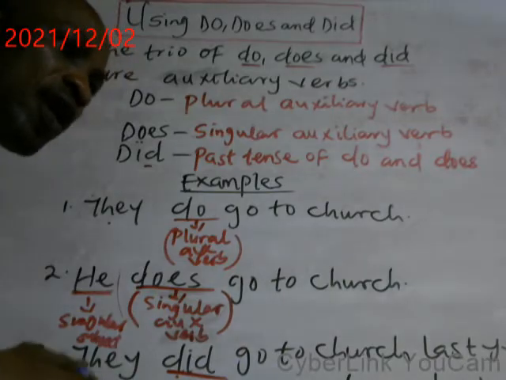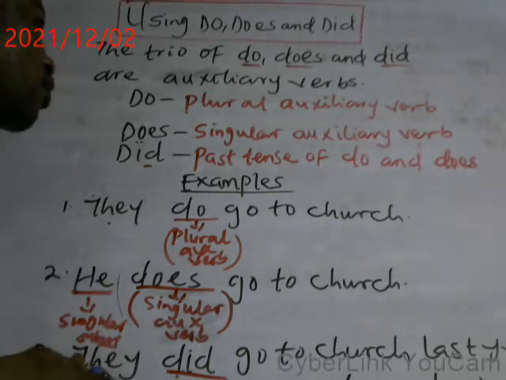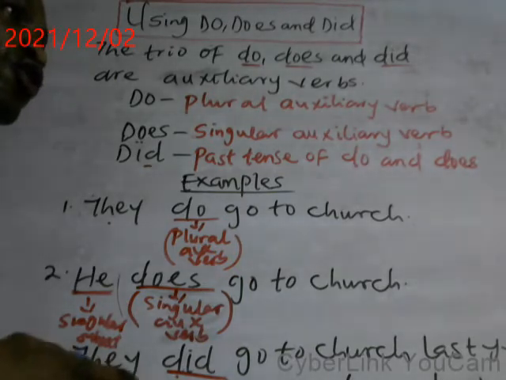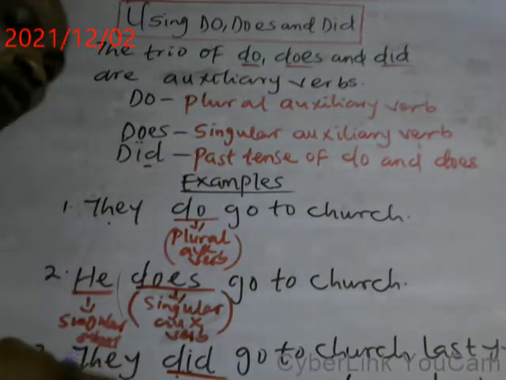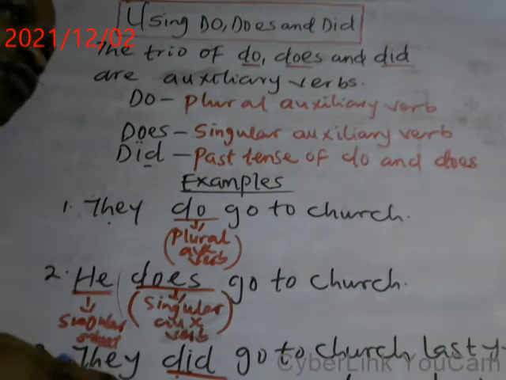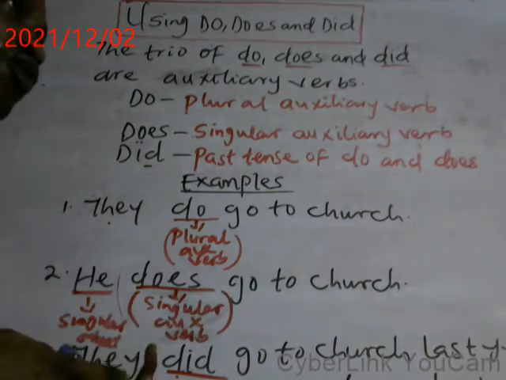Now, let us have a recap of what we have done for today. Do is the plural form of this auxiliary verb. It is appropriate for us to use do when we have a plural subject. When you have a plural subject, make use of do as auxiliary verb.